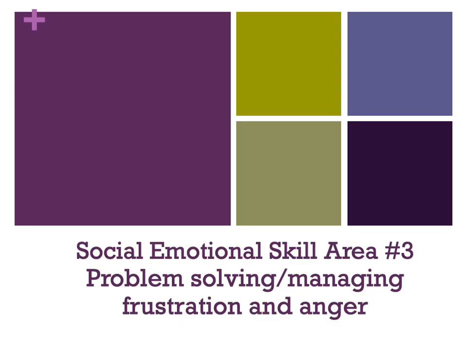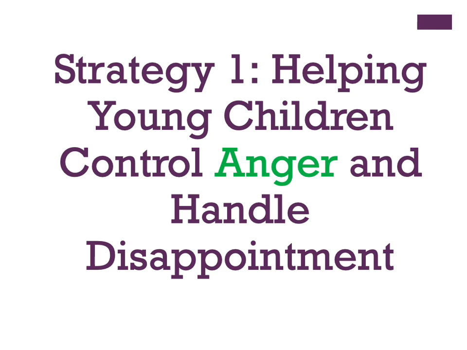The third area is problem solving and managing frustration and anger. It's a very important area. Learning anger management is a huge task for young children, and there are some social emotional curricula that talk about anger management. Now, I want to introduce a strategy called the turtle technique to help young children control their anger and handle disappointment.